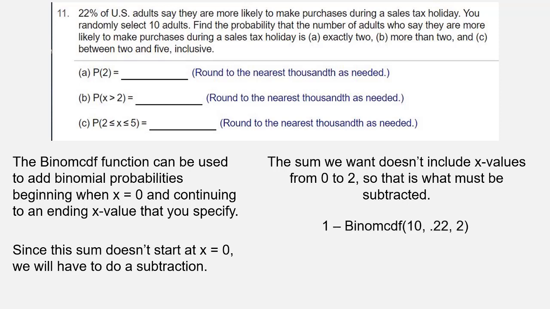So we're doing 1 minus the binomCDF of 10, 0.22, 2. Again, it's n and then p and then the last value of x we want added. When we plug that in, we get 0.38311977071, rounded to the nearest thousandth, is 0.383.